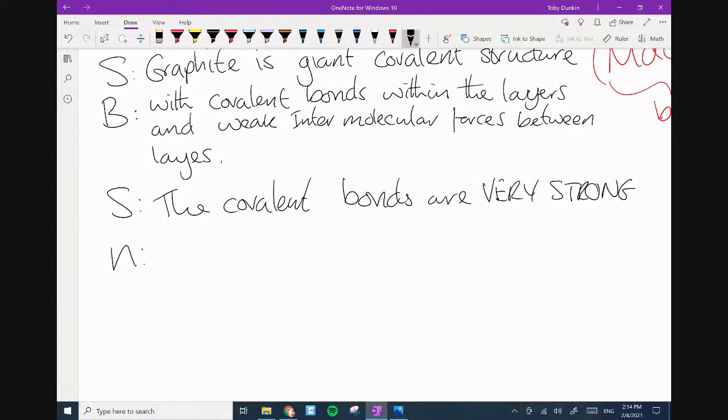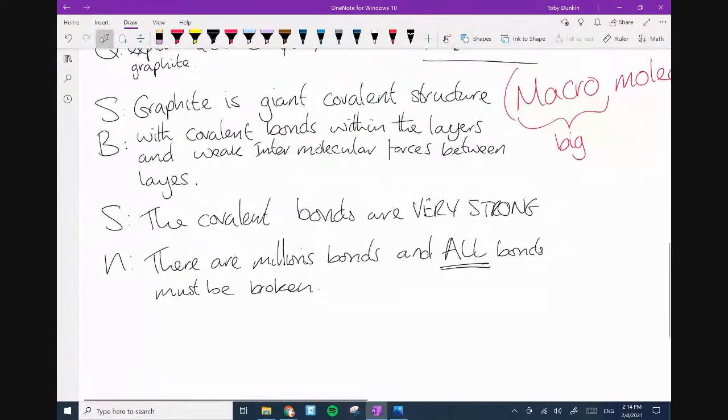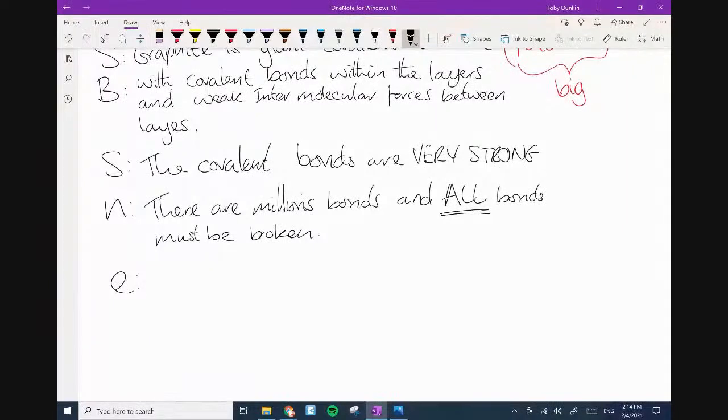But the key thing is there are millions of bonds, and all bonds must be broken. You can't just break the WIMPs. You've got to smash everyone. So all the bonds must be broken, including the strong covalents. So the energy is very high. We're done.